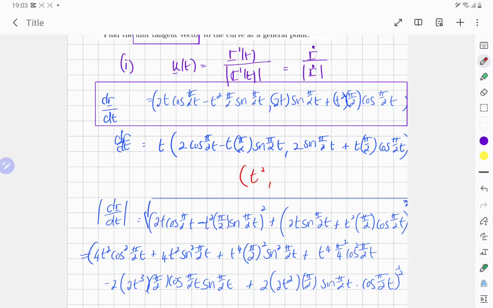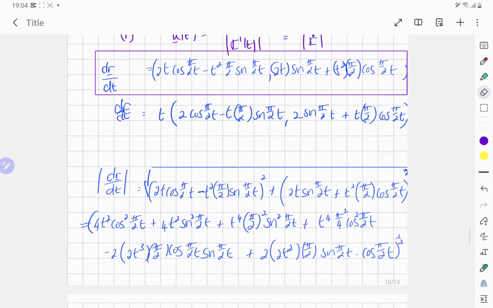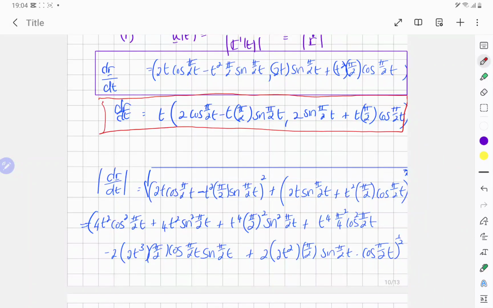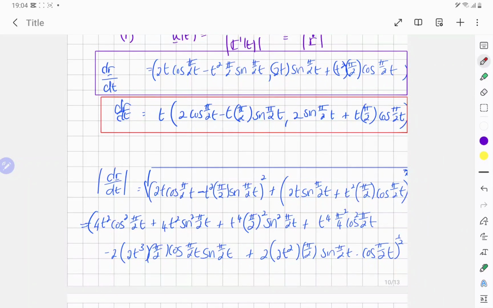If you have a vector, you take out a common factor from both components, so you are left with that. That's a common mistake from students that you must look out for. So there I have my tangent vector, dr/dt.